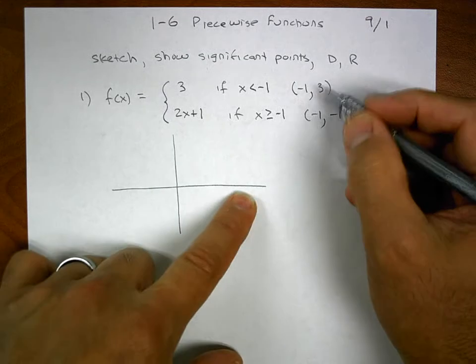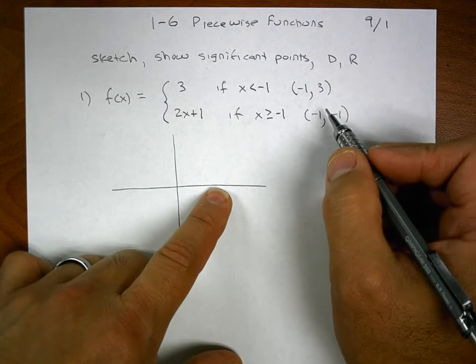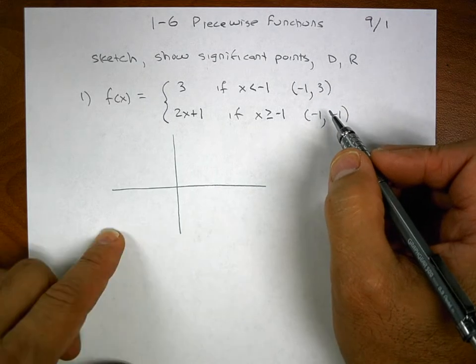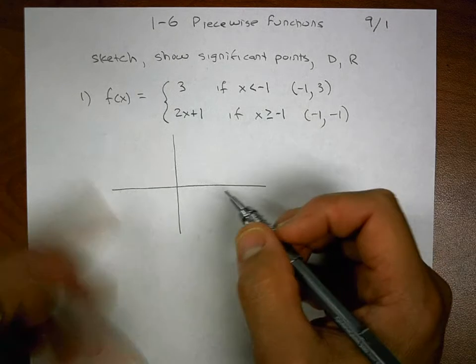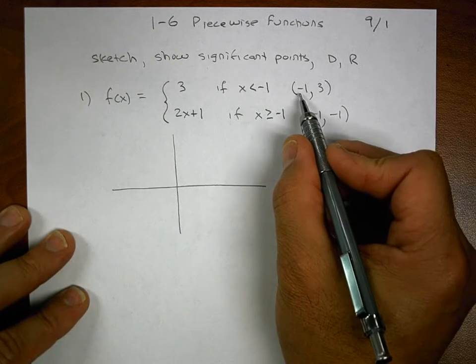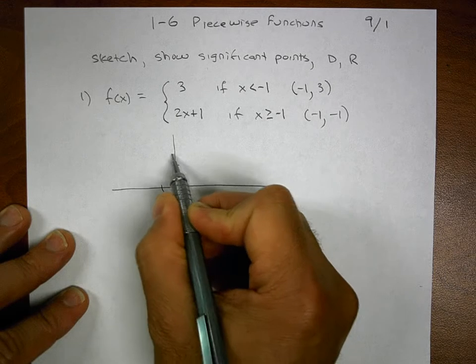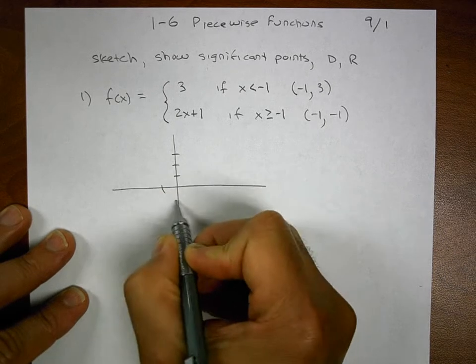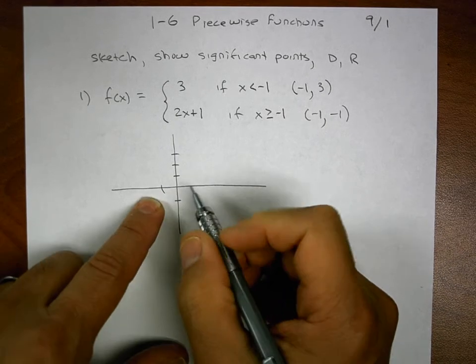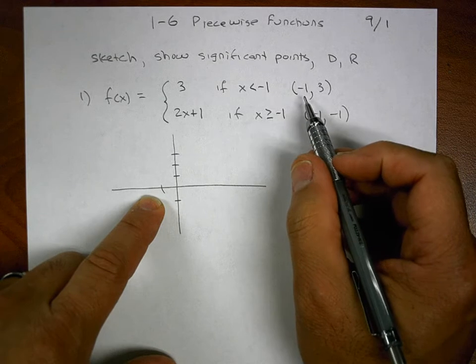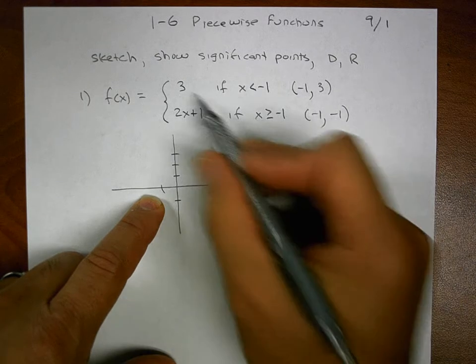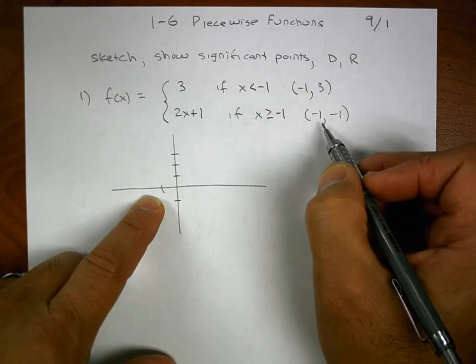I want to get my cutoff points, where these graphs are, because we need to plot them, right? So actually, next thing I do is I do plot them. So -1, 3. So -1, 1, 2, 3. And -1, I know we're going to need a -1. Okay, so far, we can all plug in and get points. I know we can all do that.